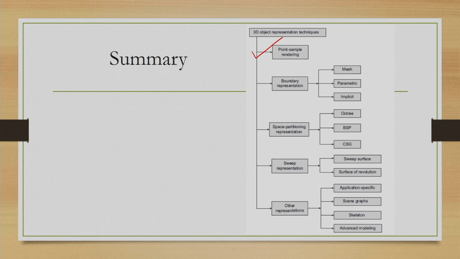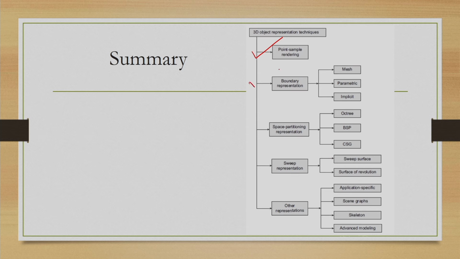One is point sample rendering, where instead of artificially trying to create object shape, we actually capture some values, namely color, depth, surface normal at different points of a scene, and then simply reproduce those on the screen. That is point sample rendering.